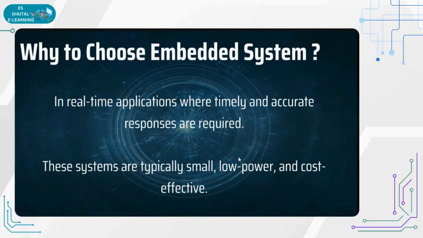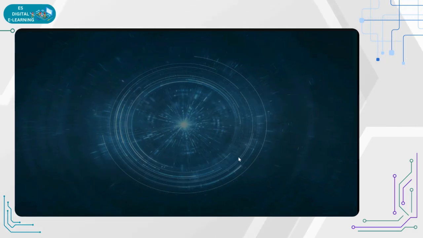Whenever the device is small, the power utilization is very low. Even though it is small, low power, the cost will also vary, depending upon the application. Lower controllers will be low cost; higher controllers with higher configuration have a high cost.